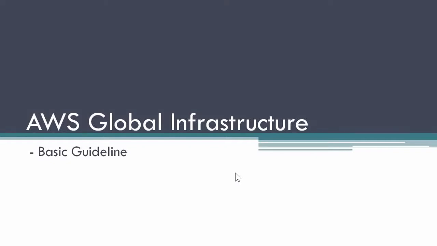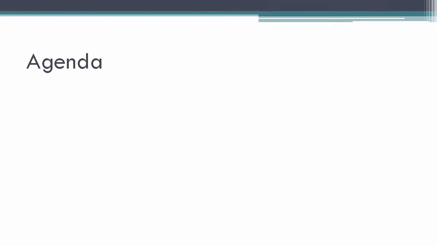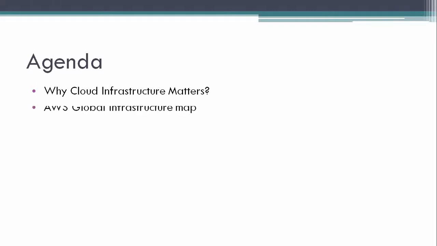In this video I am going to talk about what components are included in the AWS Global Infrastructure. So let's start with that agenda. We are going to first see why cloud infrastructure matters.